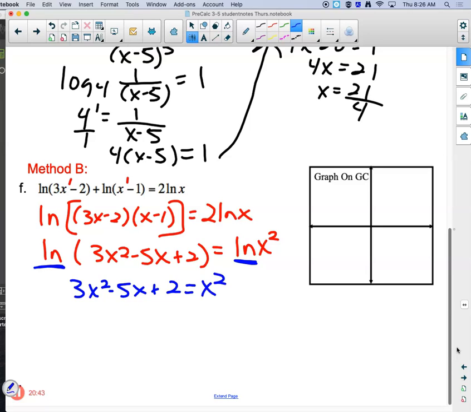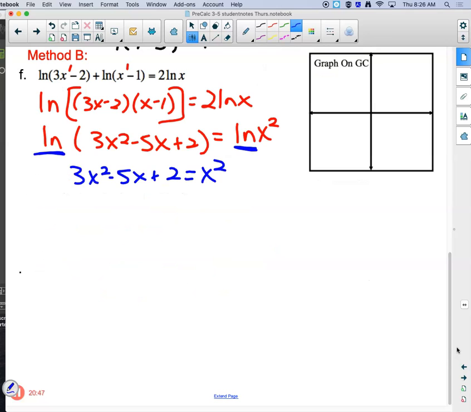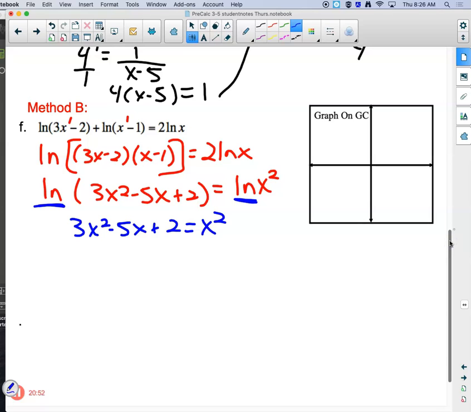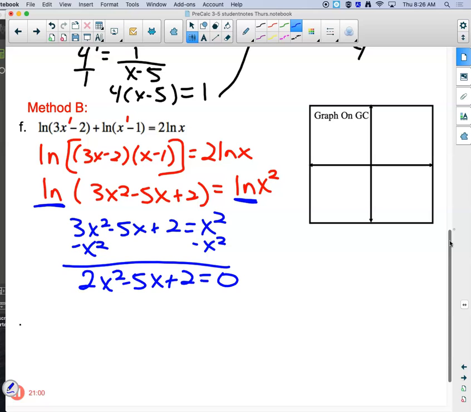All right, well, that's a quadratic. So again, thinking all the way through the problem, probably going to get two solutions. One of them is going to be extraneous. Let's subtract x squared. And we'll hope for the best as far as factoring goes. We don't have a greatest common monomial factor.